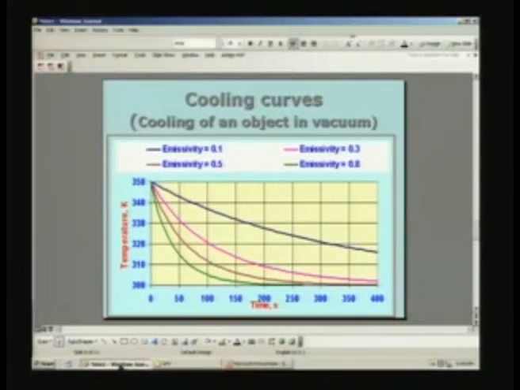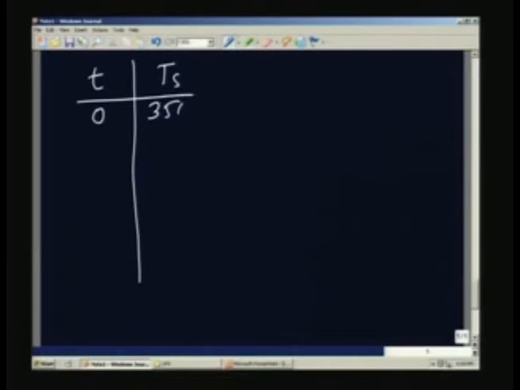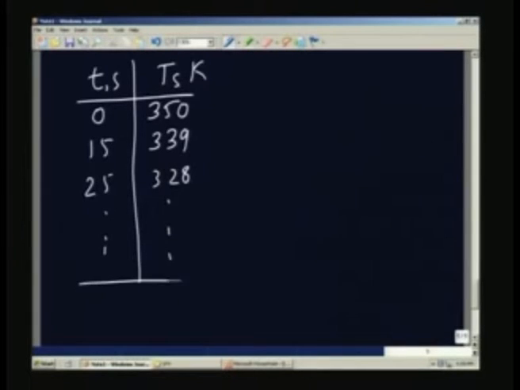If I measure the temperature as a function of time, I can prepare a table like this: time versus the temperature T s. At 0, let us say 350 Kelvin, and at 15 seconds, 339, at 25 seconds, some 328, things like that. So, you make a table like this.